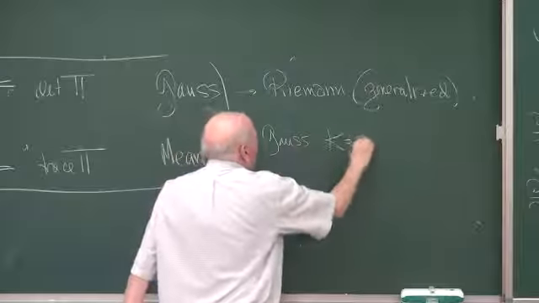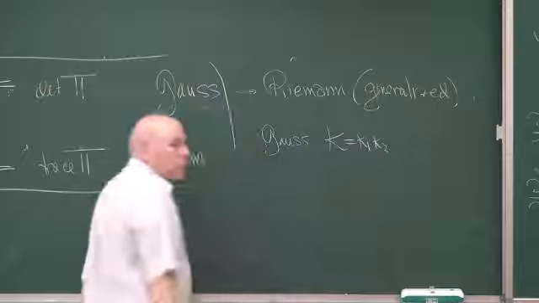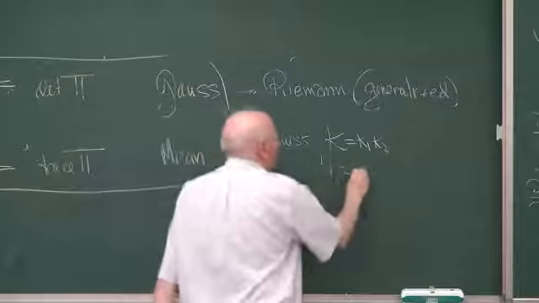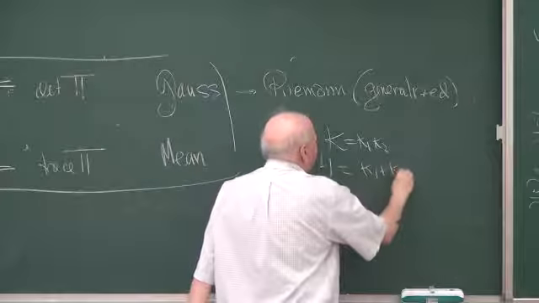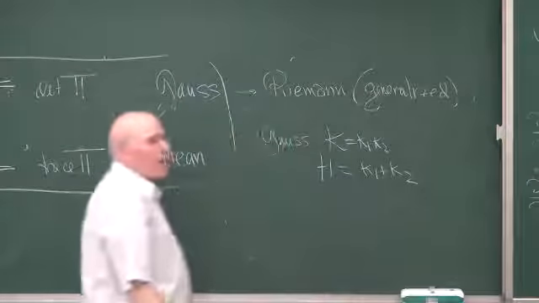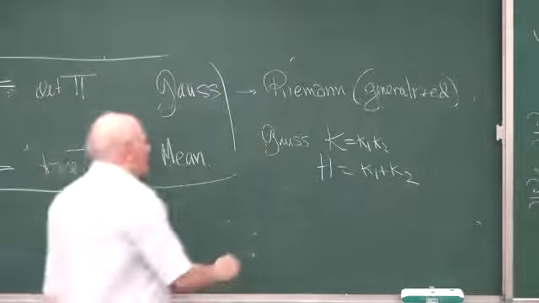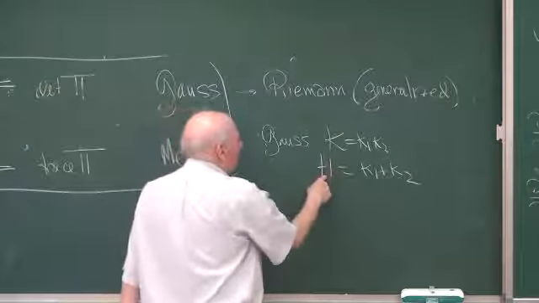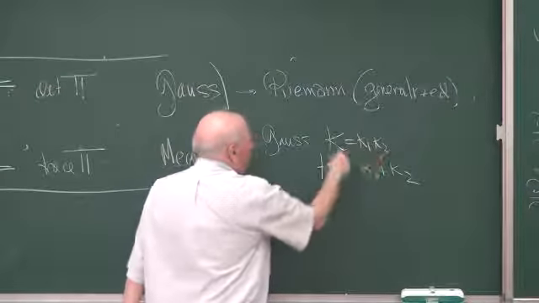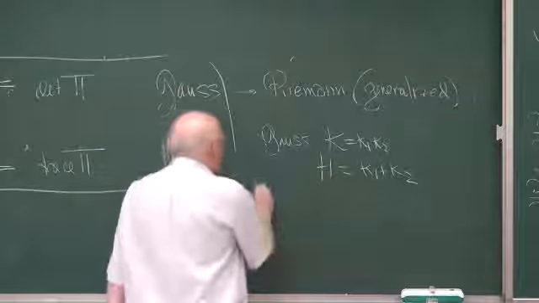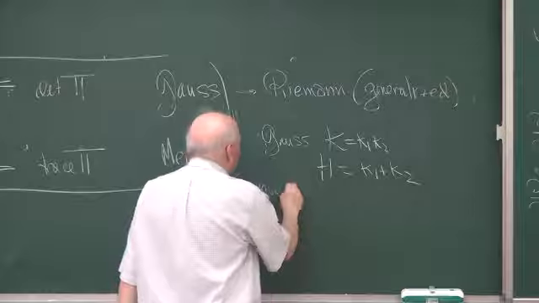You can do the computation for yourself. H is the sum, either divided by 2 or not. So given kappa 1 and kappa 2, you can find K and H. Well, you can also invert. It's an inverse algebraic problem.